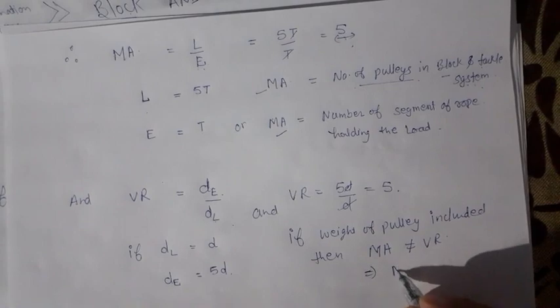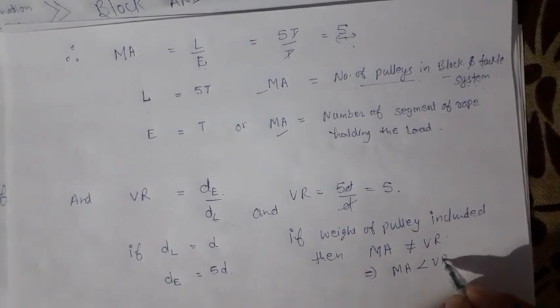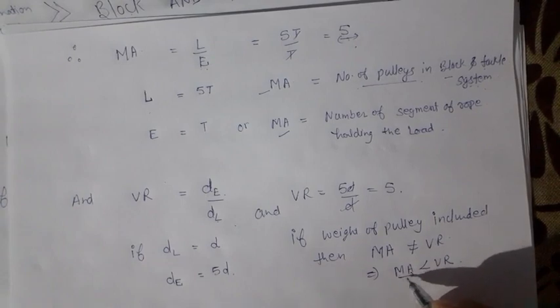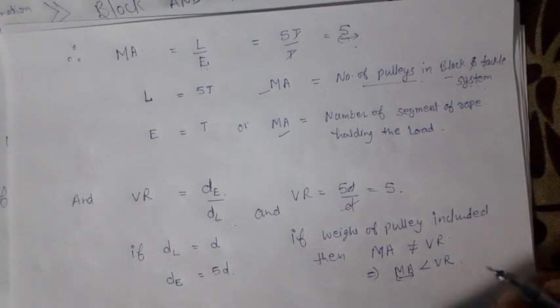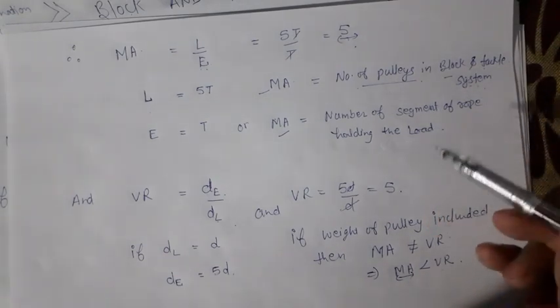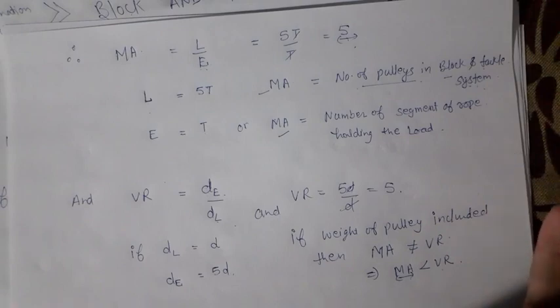That implies mechanical advantage will be lesser than velocity ratio. Why is it lesser? Because mechanical advantage depends on the load. So therefore it is going to decrease. This happens when we do not have an ideal system. Ideal means perfectly weightless pulleys are used.